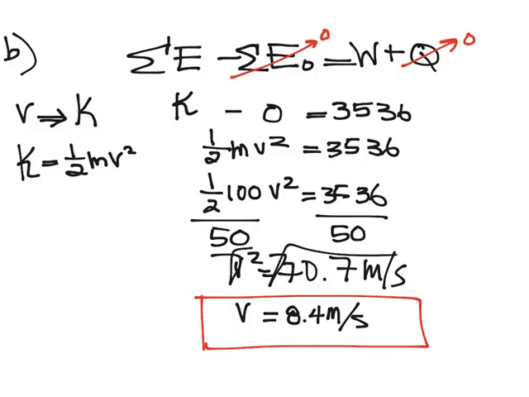In part C, it wants to know if Maggie lets go, and now there is suddenly friction, maybe it got to a rough part of the pavement, and there's a friction force of 35 newtons, how far will the carriage go before it stops? So we have Maggie, and she lets go. At the moment she lets go, our velocity is equal to 8.4 meters per second.